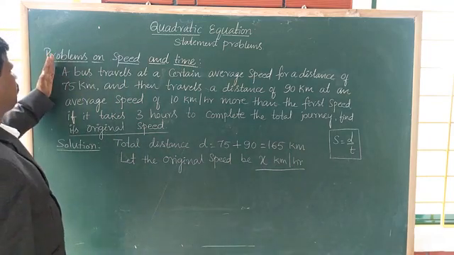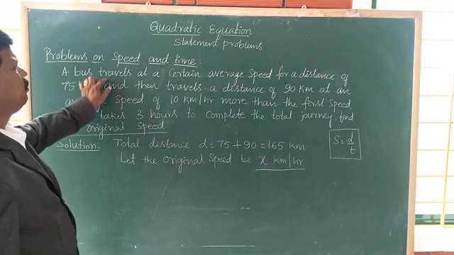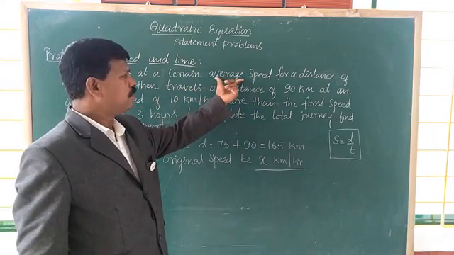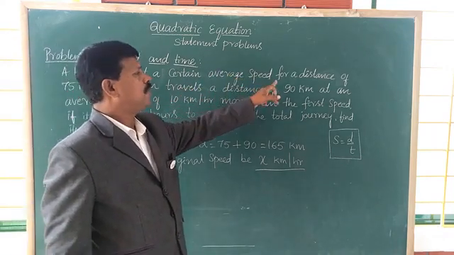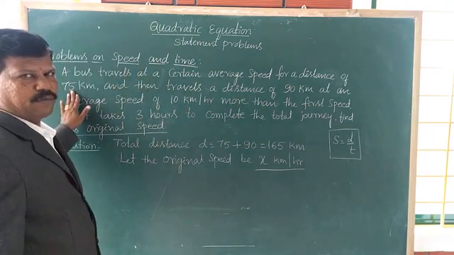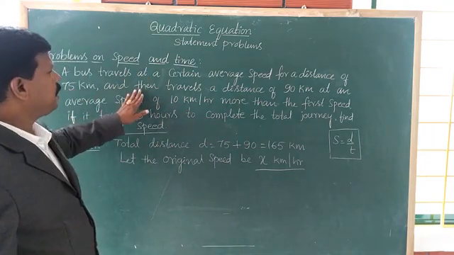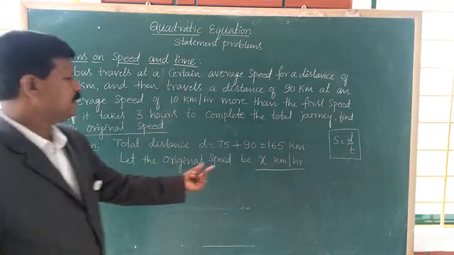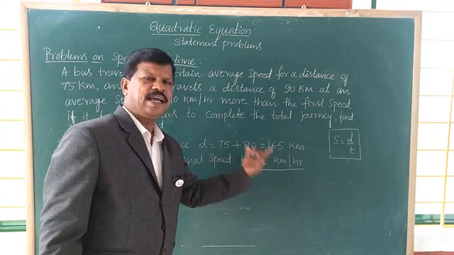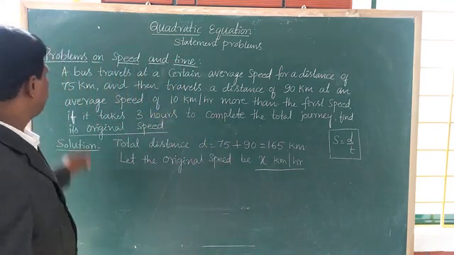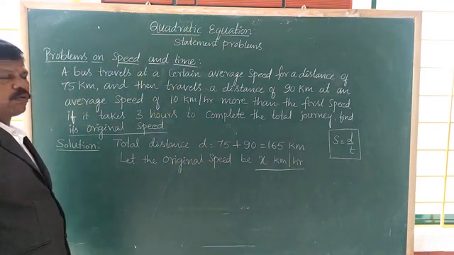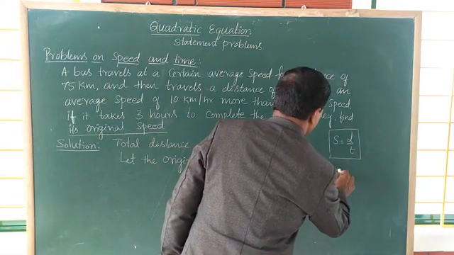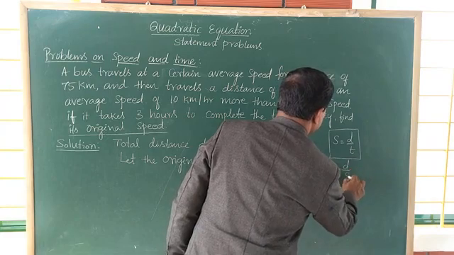Now coming to the first part. A bus travels at a certain average speed, which we don't know, for a distance of 75 km, and then travels a distance of 90 km. First, the bus speed is x km per hour. Then to travel 75 km, what is the time taken? Here t is equal to d by s.